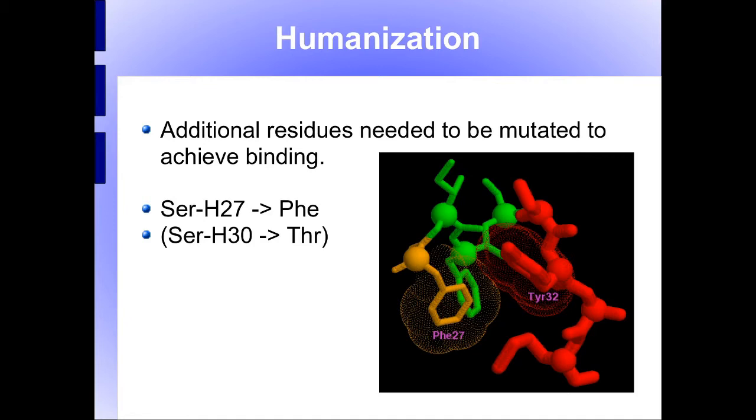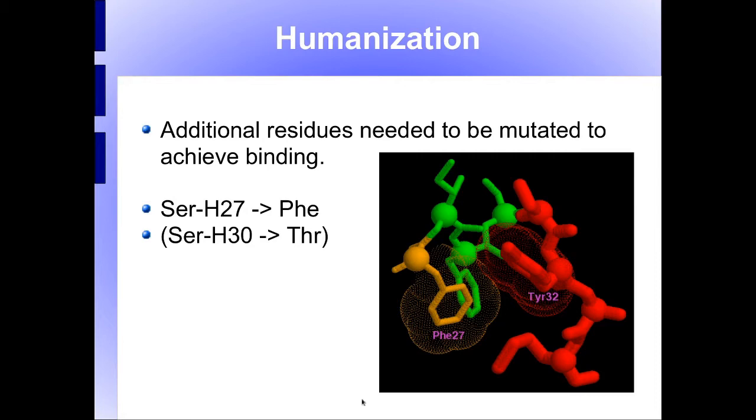Reichmann et al., working in Greg Winter's group in Cambridge, the same place that Cyrus Chothia was working on the canonical conformations of the CDRs, realised that interacting residues might have an effect on the fine, precise structure of the CDRs.